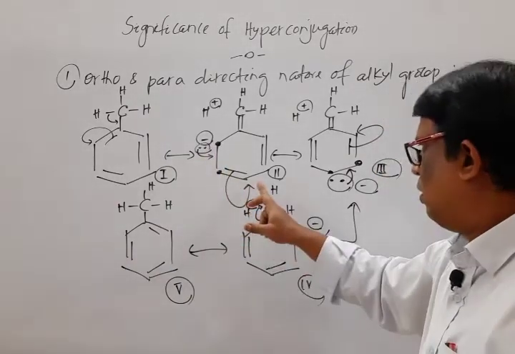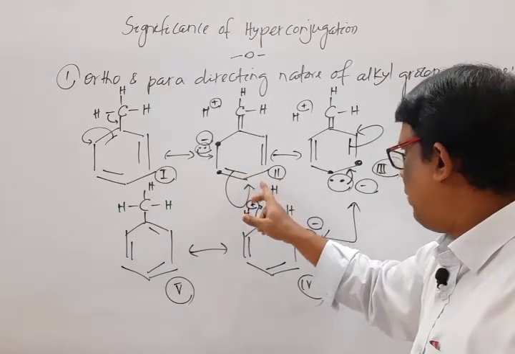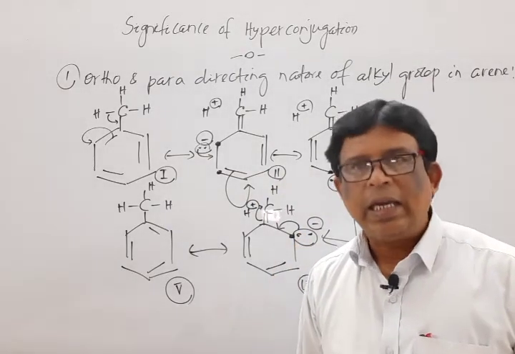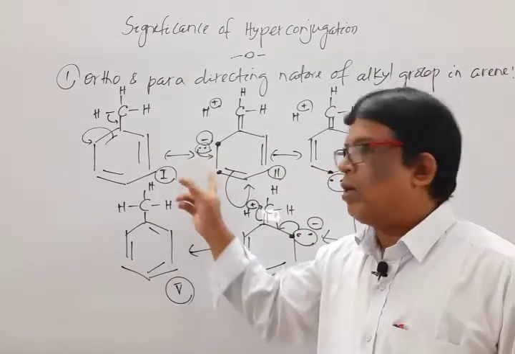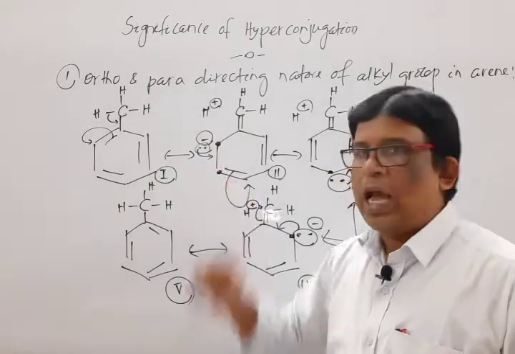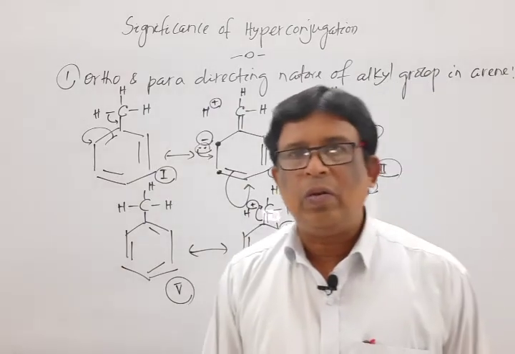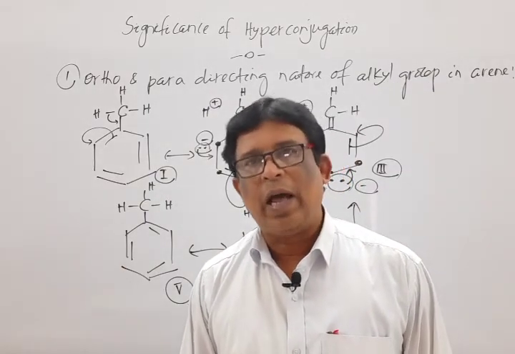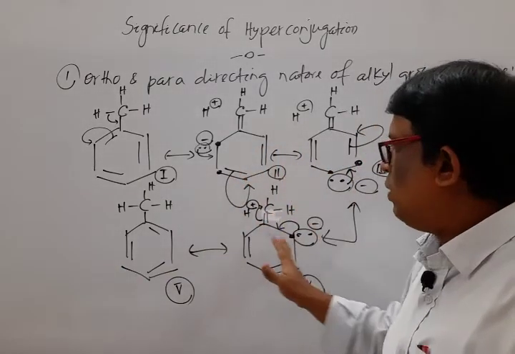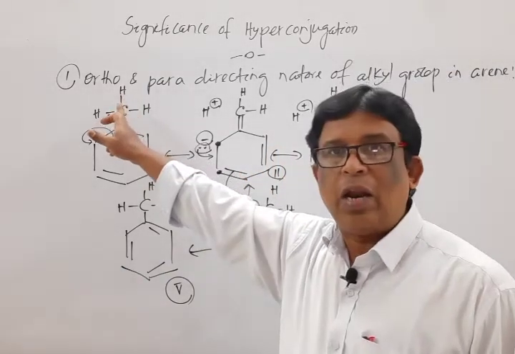is at the ortho and para positions. So the attacking reagent attacks at the ortho and para positions. That's why the alkyl group, when attached to the benzene nucleus, is an ortho and para directing group. Mark that: 3 resonating structures are there by replacing 1 alpha hydrogen.